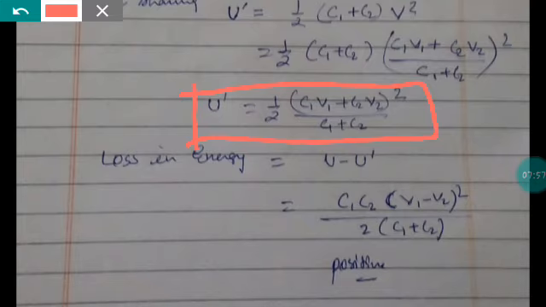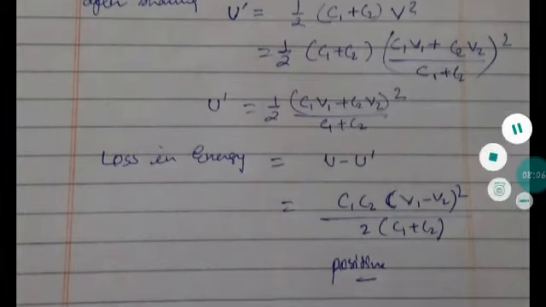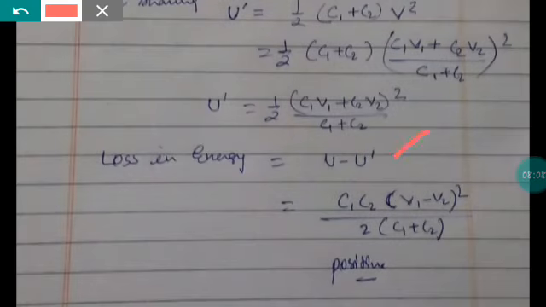But one more term is there, which is the loss in energy. To find the loss in energy, we will subtract U dash from U. U is the energy when they are not connected, and U dash is the energy when they are connected. As we have used the term loss, it means U is greater than U dash. By putting the values of U and U dash that you have written above and calculating them, you will get this result.